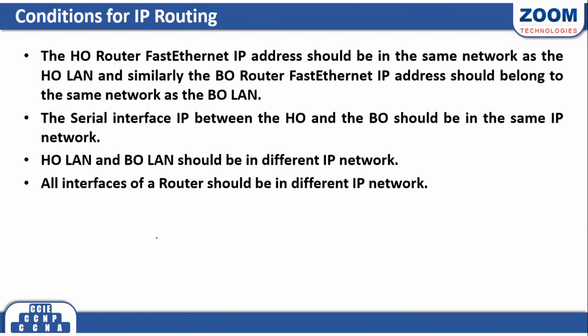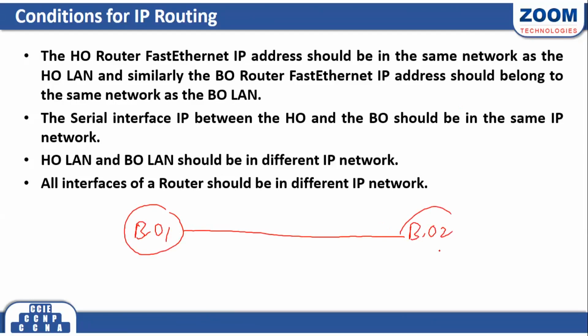Means a branch office 1 is connected to branch office 2 or head office, whatever. From branch office 1, the port is serial 0/0. The other end connected might be 0/1.